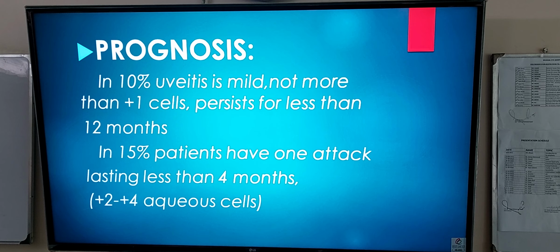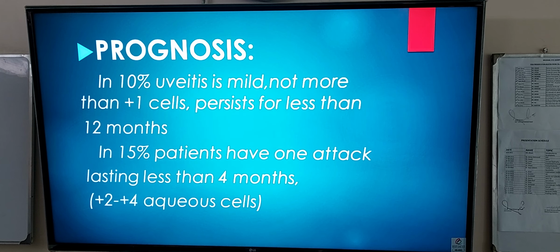Prognosis: in 10% the uveitis is mild, that is not more than +1 cells can be detected in the anterior chamber, and it persists for less than 12 months. In 15% patients have one attack lasting less than 4 months, with +2 to +4 aqueous cells.